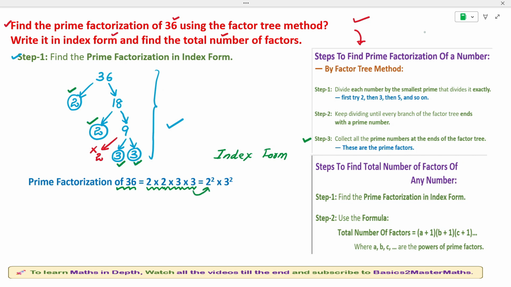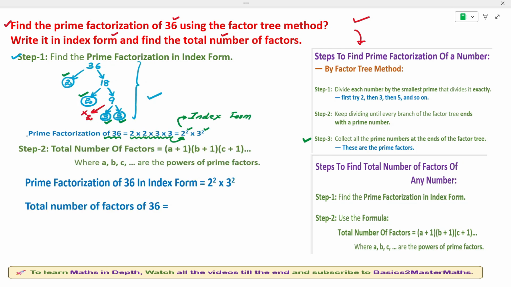This can be written as 2 to the power 2 multiplied by 3 to the power 2. This is the index form.